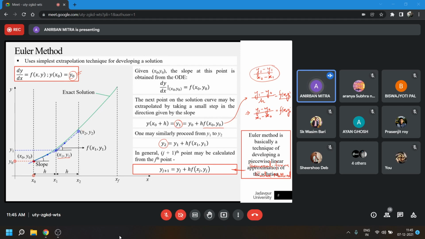So this method is basically a technique for developing a piecewise linear approximation of the solution. We are approximating a solution curve, which may be a smooth curve, by breaking it apart into a sequence of straight line segments.